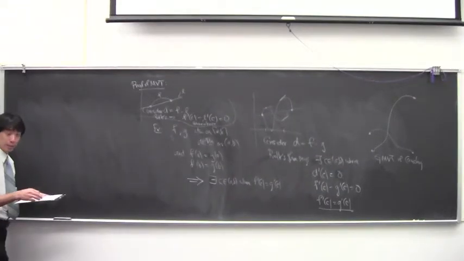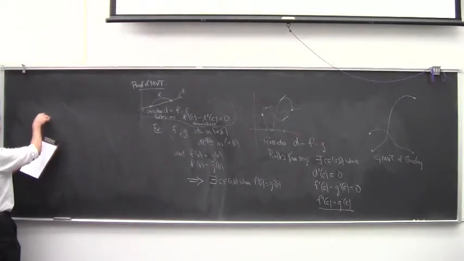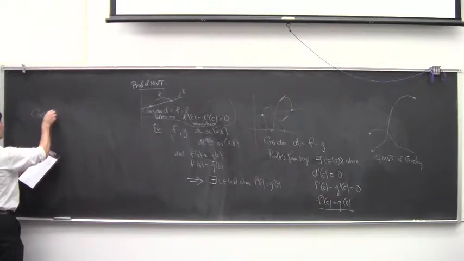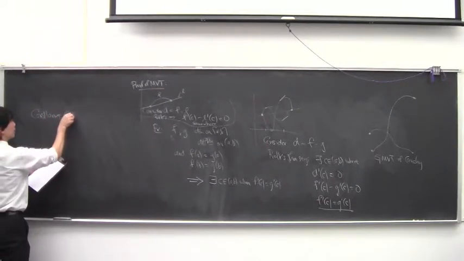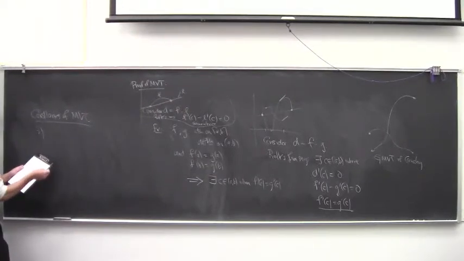Okay. So here's what we're going to use this for. We have the mean value theorem, right? Here are some corollaries of the mean value theorem, and these are pretty important.